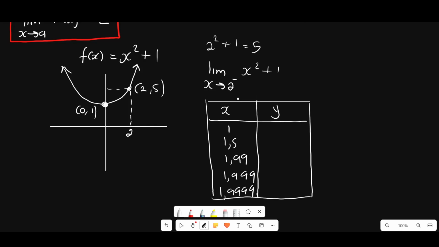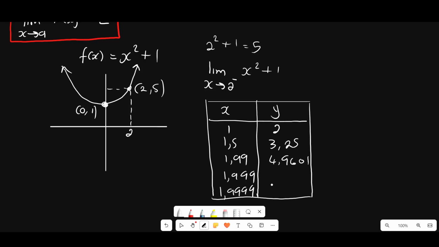Well, when you put in 1 there, we'll get 2. When you put in 1.5, let's see, 1.5 squared plus 1, you get 3.25. And then when we put in 1.99, we'll get 4.9601.